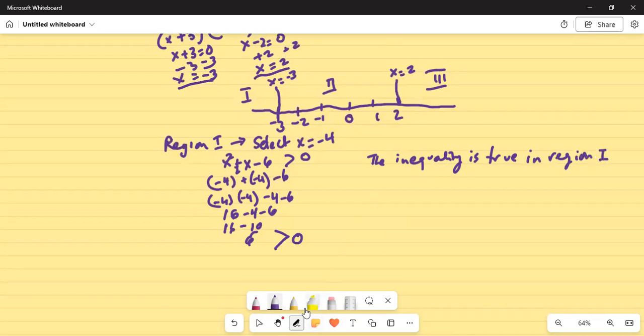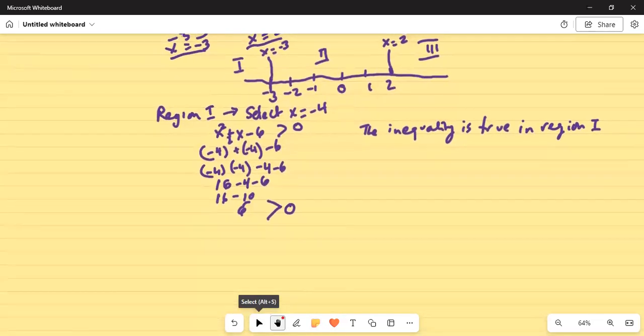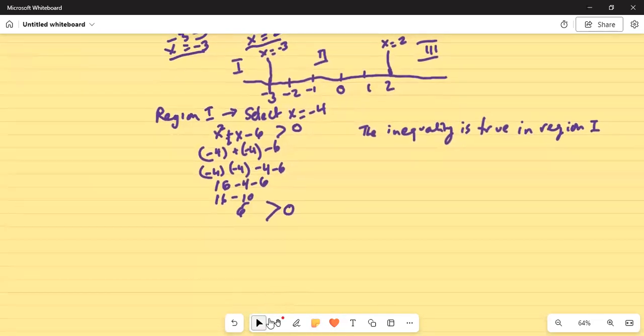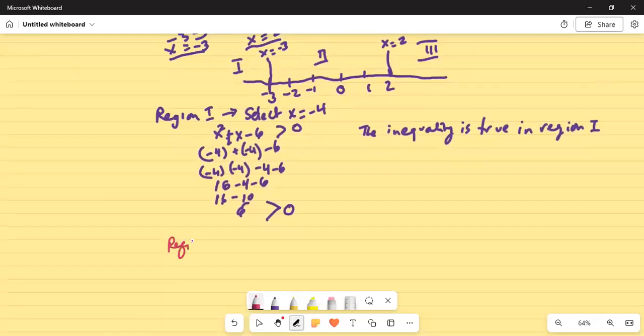Okay, now let's move this a little bit up, and we'll select a point in the second region, region 2. So region 2, select x equal to 0, that is between -3 and 2.